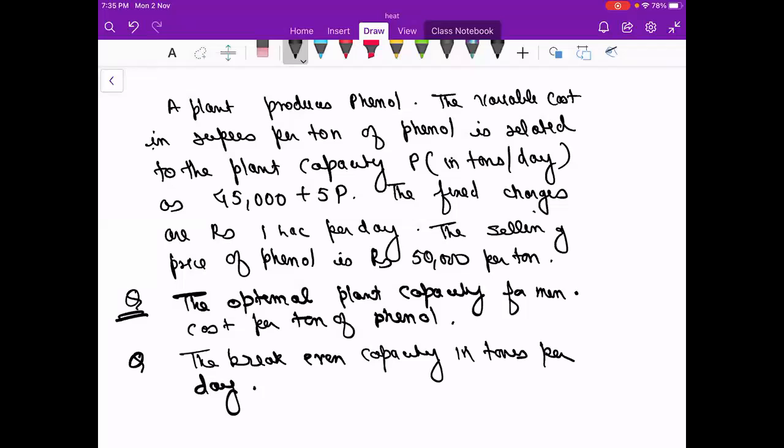Again, you have to frame the equation, so think on it.